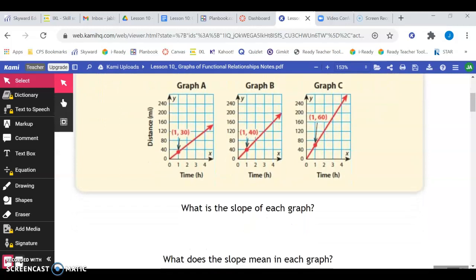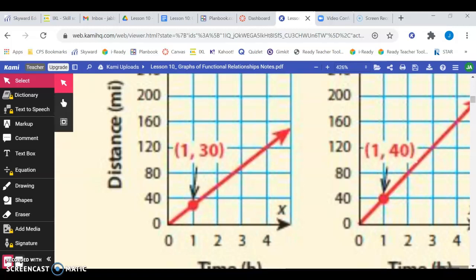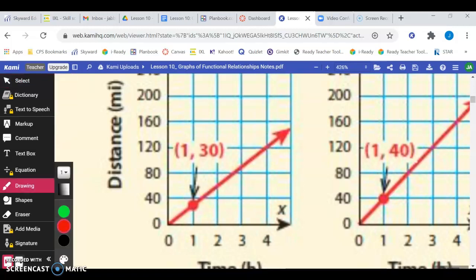So before we do that, there's a couple of questions we have to answer, and the first one is, what is the slope of each graph? So if we look at this graph, we have 1 point given to us. So we have to find another point on this line. It looks like they start at 0, 0, so I'm going to use that point.